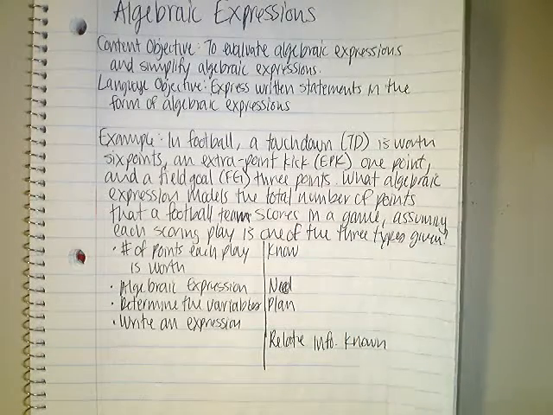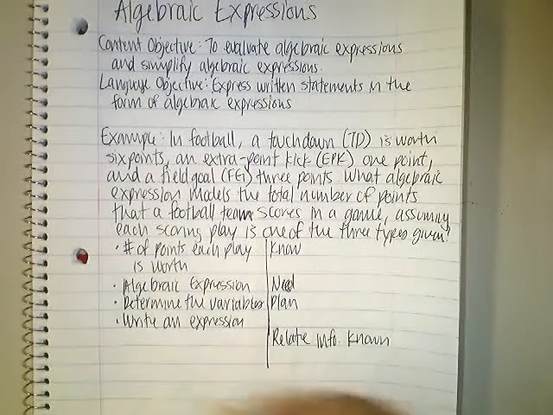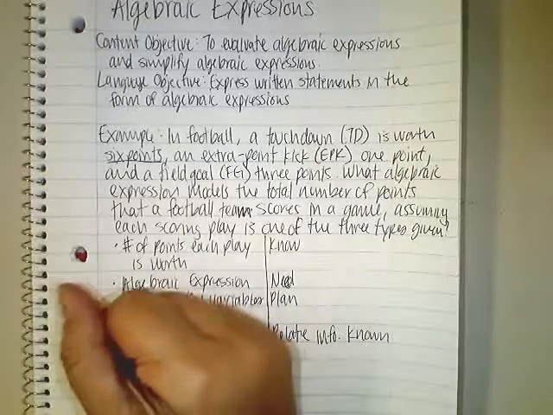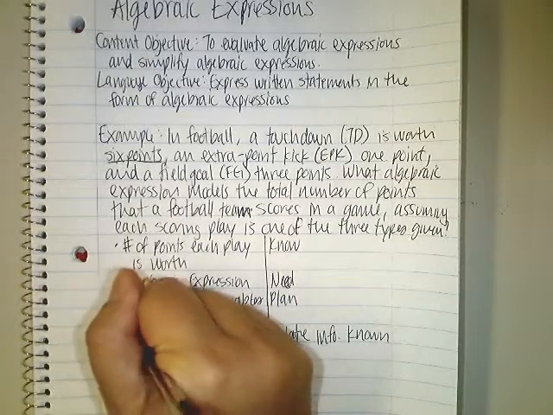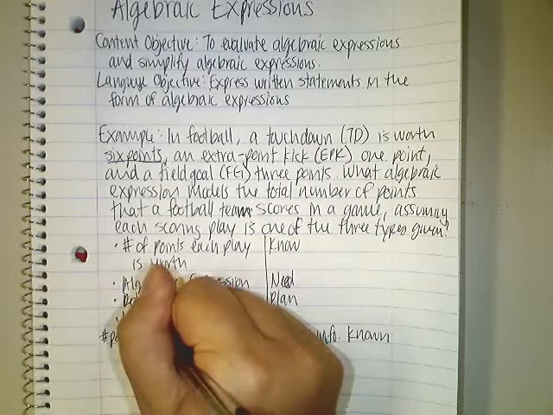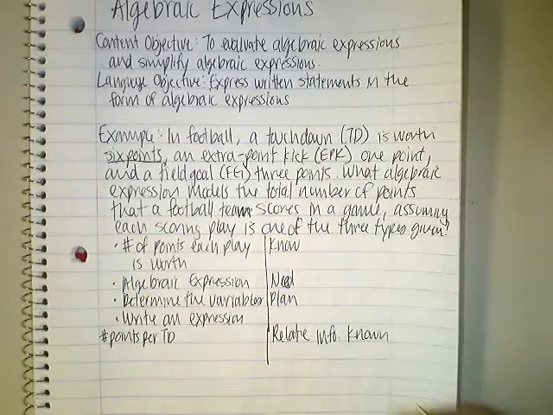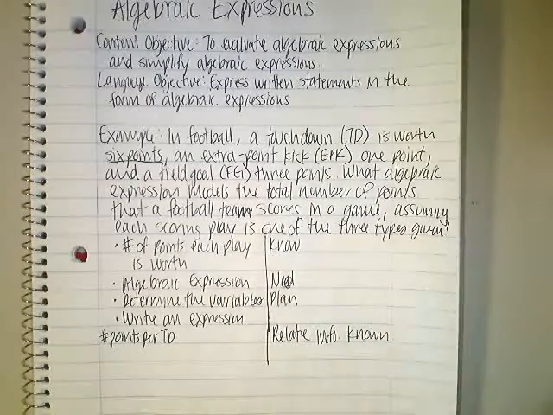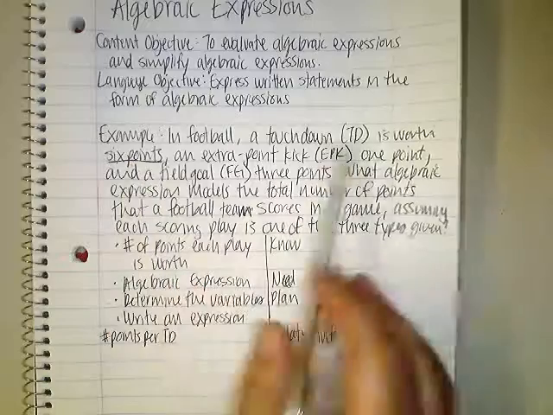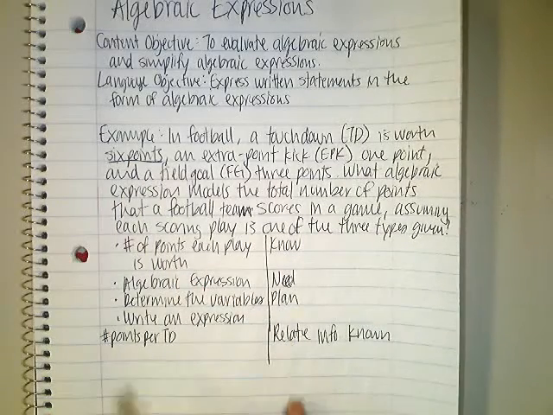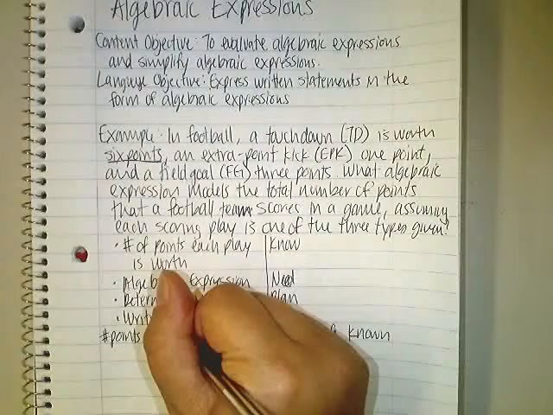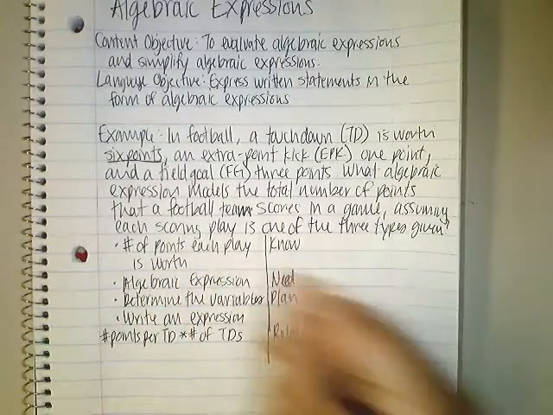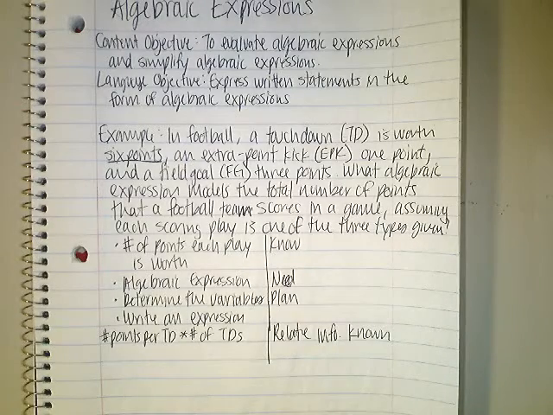So the first thing, we know our number of points each play is worth. So let's start with the first one they list, a touchdown. We know a touchdown, number of points per TD, which we know is 6, but if we're trying to think of how we're going to figure out the total number of points in the game, we're going to have to think about how these relate to the total number of points in the game. So if I take my points per TD, or touchdown, and multiply it by the number of touchdowns, then that will give me the number of points per touchdown.